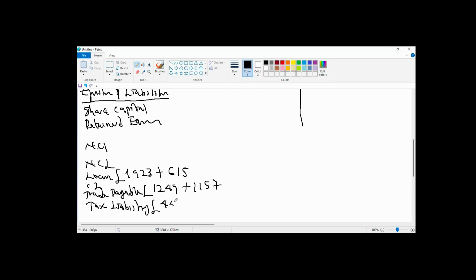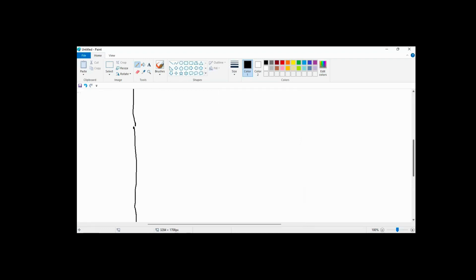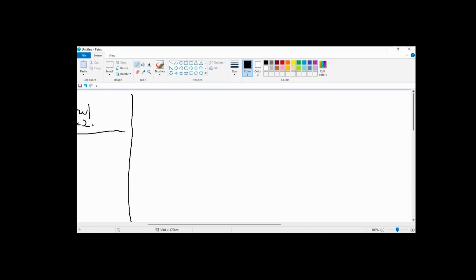Four, 3 plus 13. To balance these accounts, what do I need? I need the group structure.